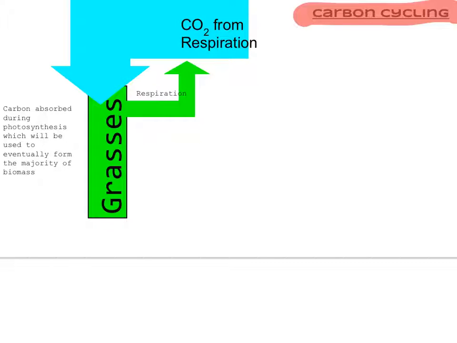So as it says on the side there, carbon will be absorbed from the atmosphere. Here is supposed to be the atmosphere, during photosynthesis, and it will form the majority of the biomass in the ecosystem. And biomass is essentially the weight of all living matter within an ecosystem.